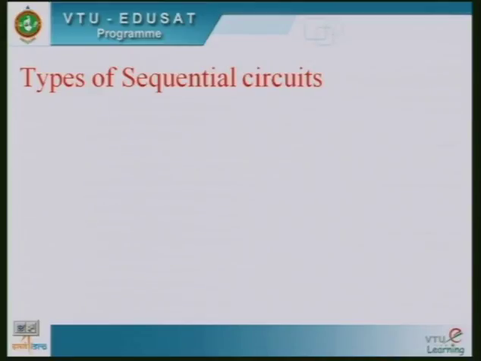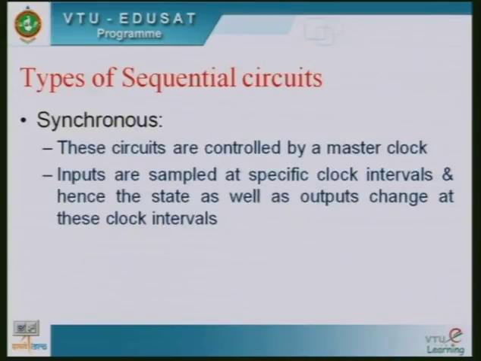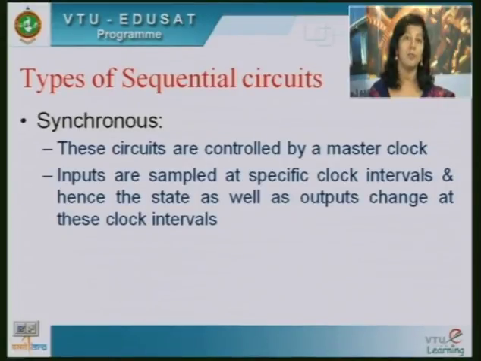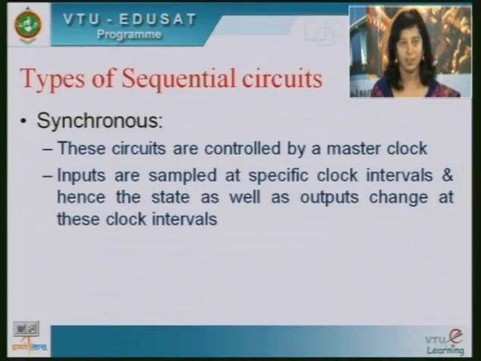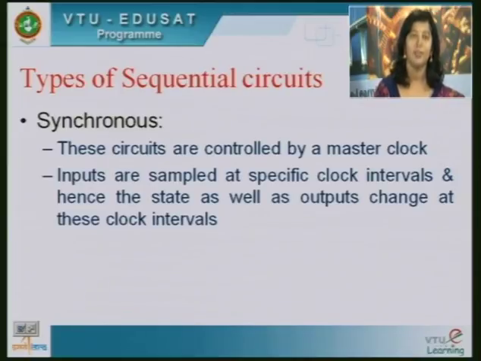There are two types of sequential logic circuits. The first set we call synchronous sequential logic circuits. Synchronous sequential logic circuits are those which are controlled by one master clock. So, there is one particular master clock which has control on the complete operation of the circuit. That means all inputs are sampled at that particular edge of the clock signal.